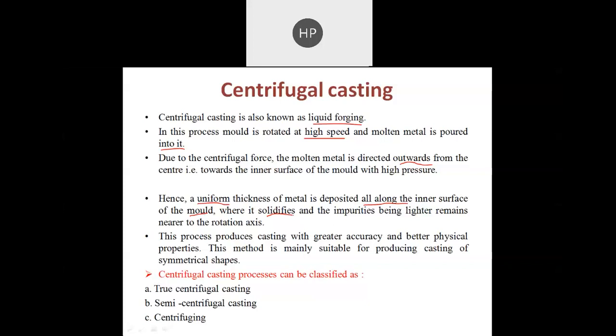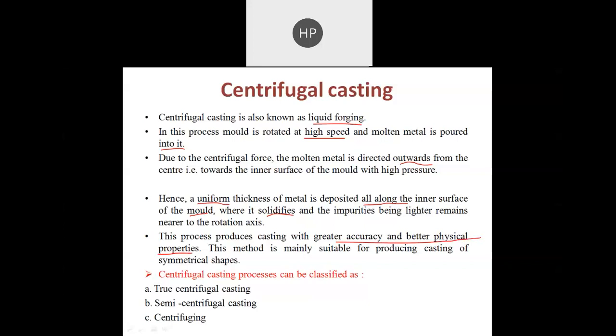So this is one of the advantages of the centrifugal casting process, and this process produces castings with greater accuracy and better physical properties.